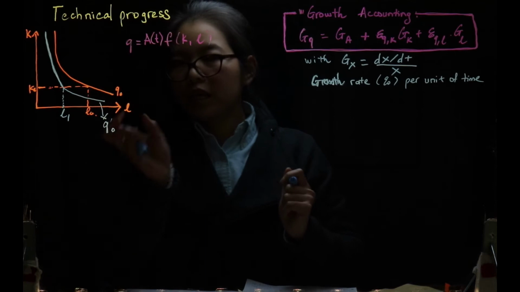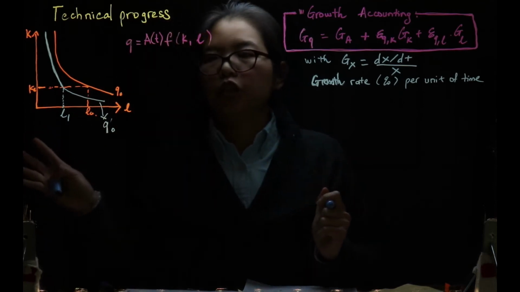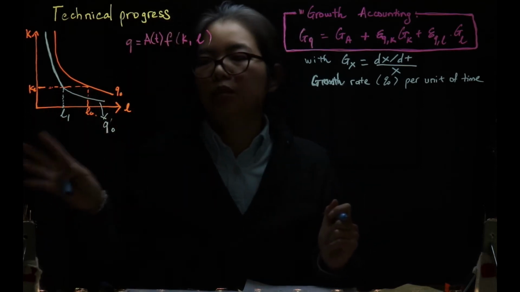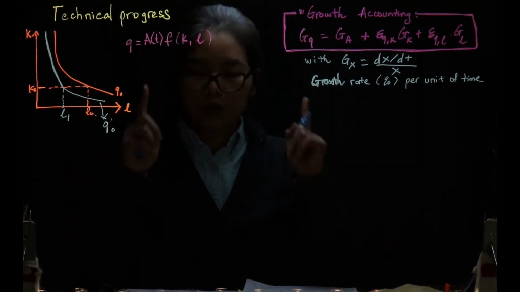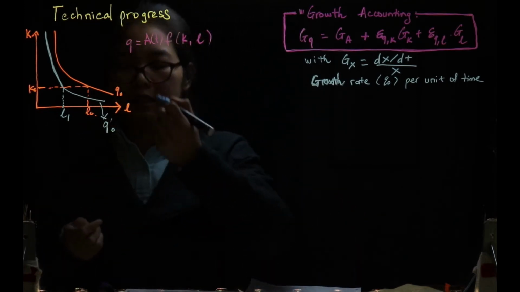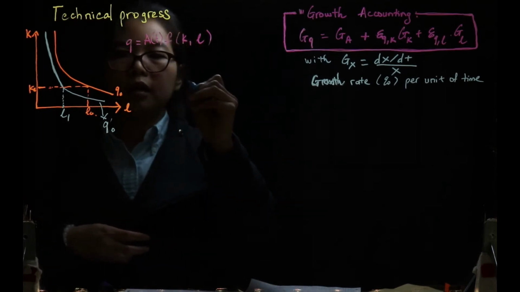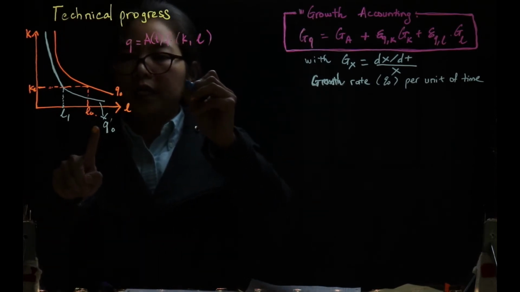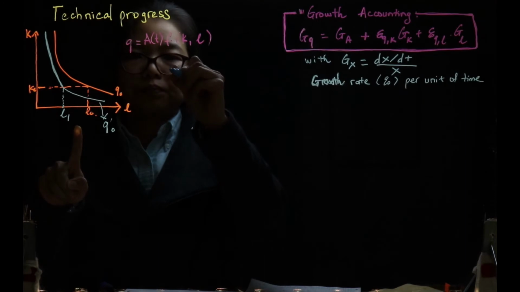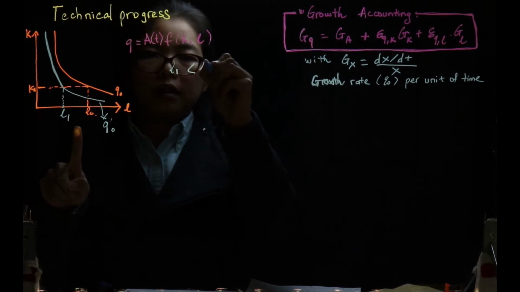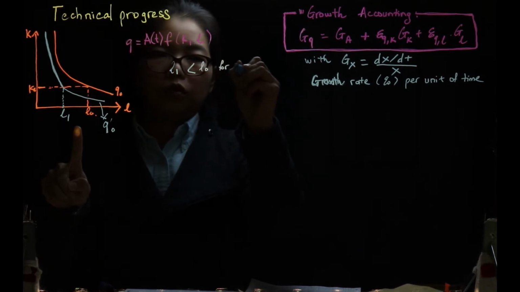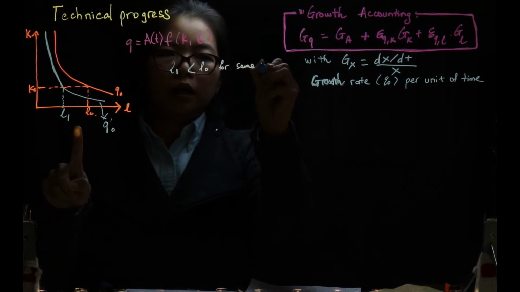So in this case, the shift toward the origin of the isoquant map doesn't mean a lower input level. Just remember that, okay, now we need L1 smaller than L0 for the same Q0.